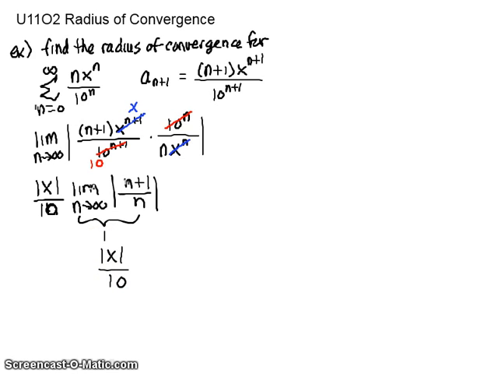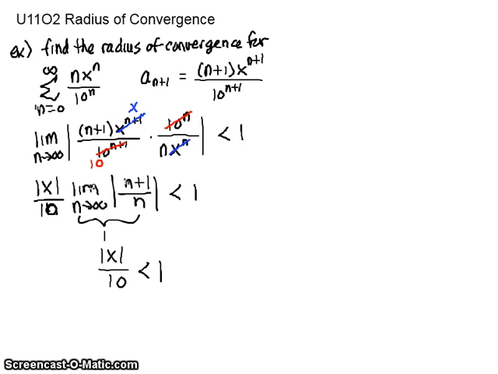Now, thinking about our ratio test, we want this series to converge. So if we're going to force this to converge, we have to make sure our limit is less than 1. From the beginning, we need to be thinking about our limit being less than 1. We want to find when this is going to converge, so we're going to force it to converge.